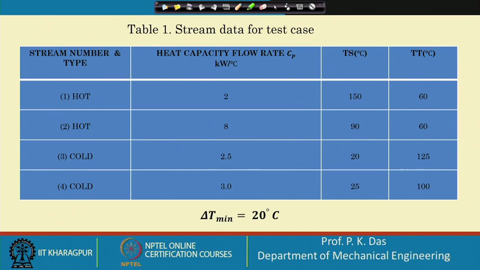Then temperatures are given, one is from 150 to 60 degree Celsius, another is getting cooled from 90 degree to 60 degree Celsius. Then there are two cold streams, their heat capacity rates are given, and at the same time the temperatures are also given, that is one is from 20 to 125 degree Celsius and another is getting heated from 25 degree Celsius to 100 degree Celsius.